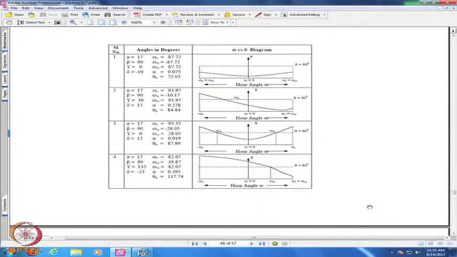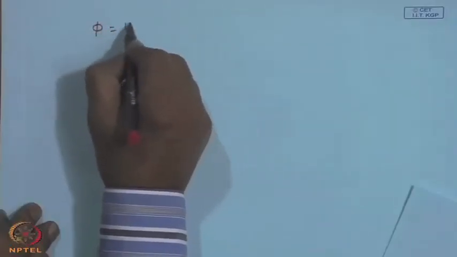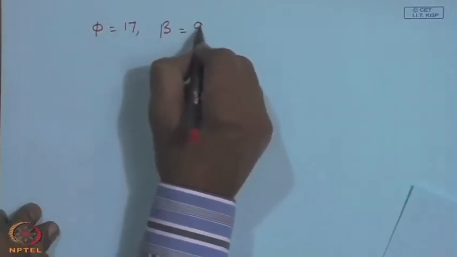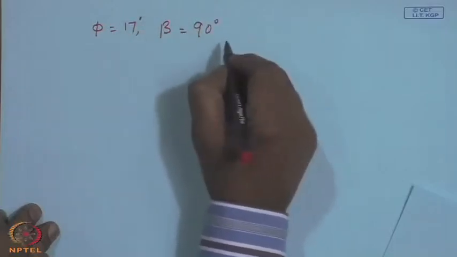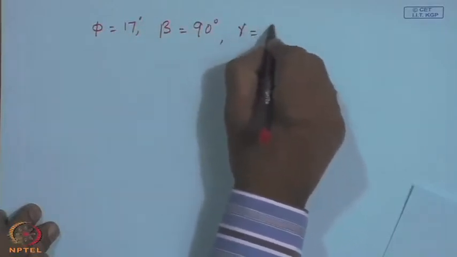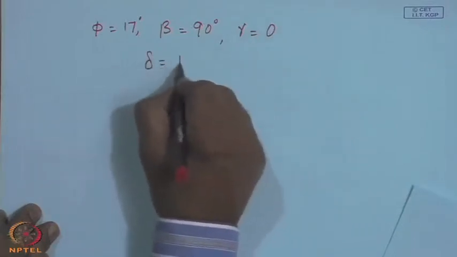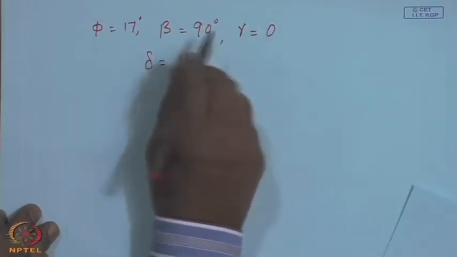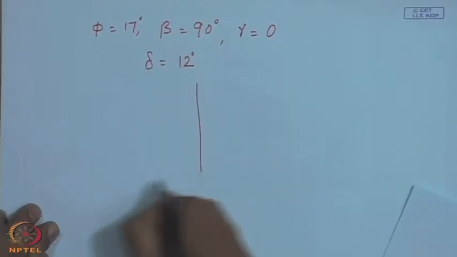Then the other one is again, yes, beta 90. This same thing, case number 1, which is reproduced except with a positive declination. So, this as we have been discussing.